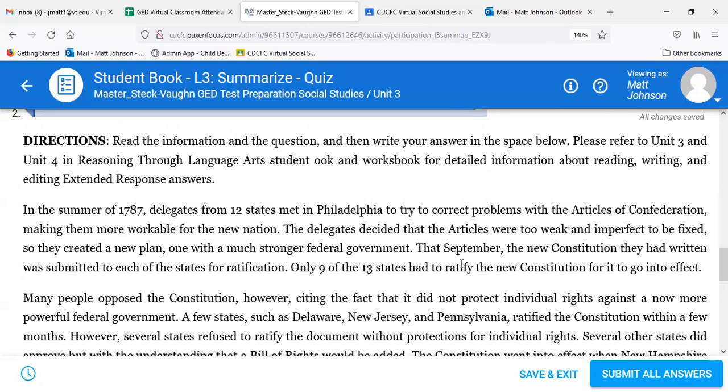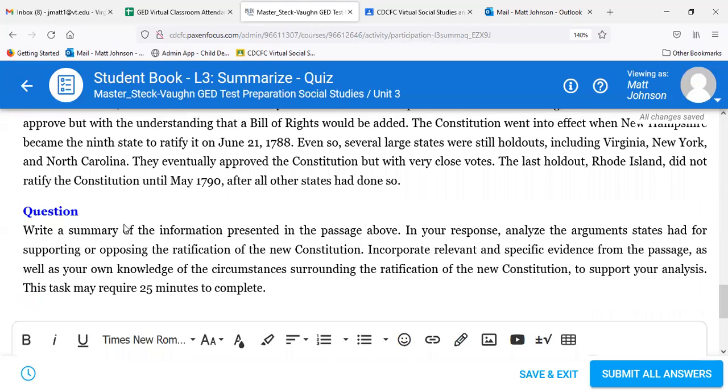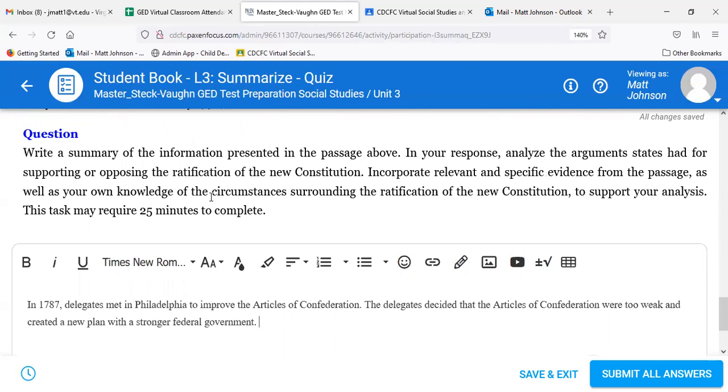So we don't have to really worry about the new Constitution they had written was submitted to each state for, well, we'll need to approach that somehow, but we can just jump into the ratification itself. We don't have to say exactly how many states. It's just the summary. So we could say several states, which would imply that there were so many states that it wasn't going to get ratified, right?